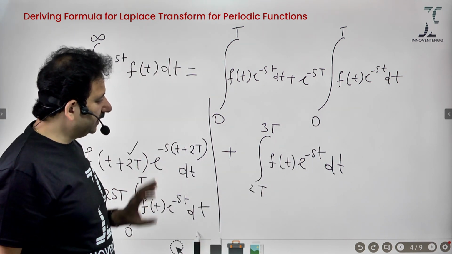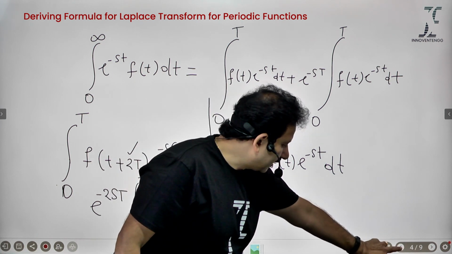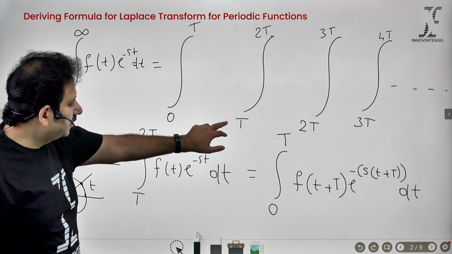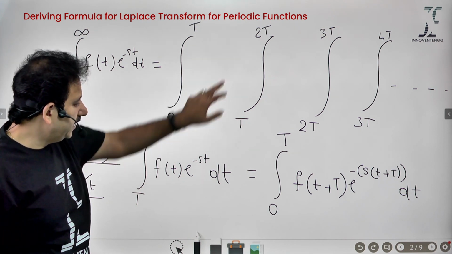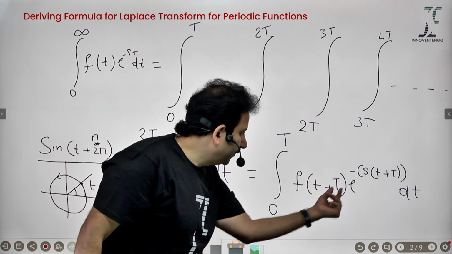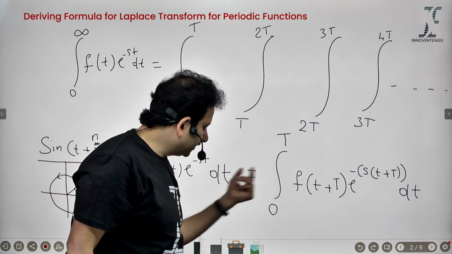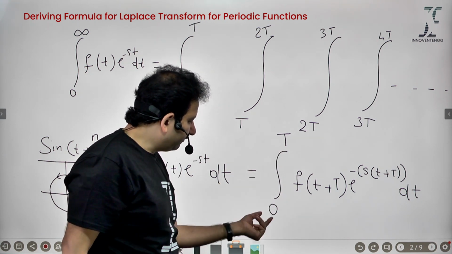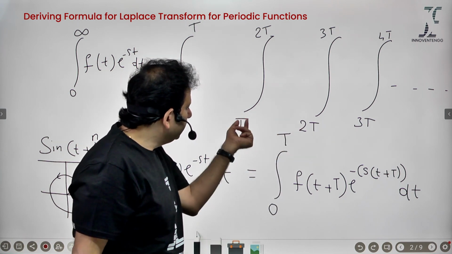So how can I recast this? Let me tell you what exactly happened so far. We reduced the integral T to 2T by adding 1 period, so that it was shifted to the left, from 0 to T instead of from T to 2T.